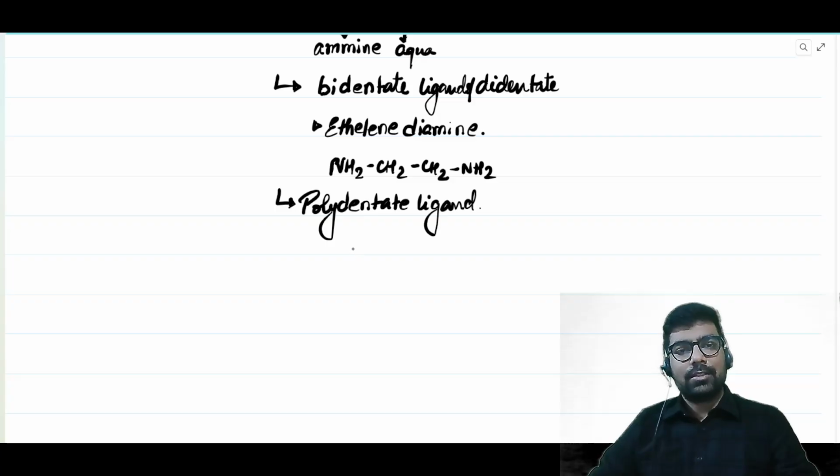in which we discussed one particular ligand called EDTA 4 minus, that was ethylene diamine tetraacetate. The structure was something like this.